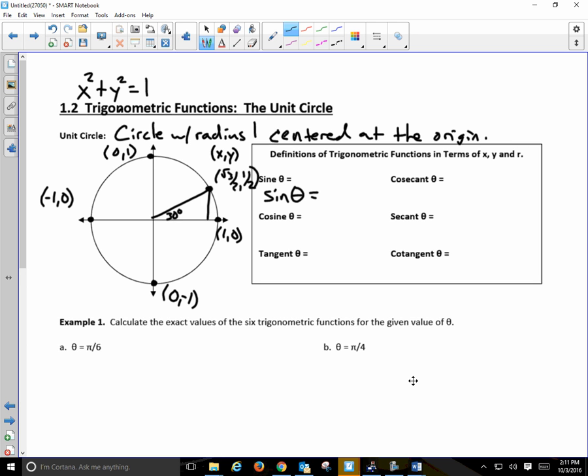Sine is actually equal to the y value divided by the radius. What is the radius in the unit circle all of the time? 1. So therefore, y over r becomes just y.